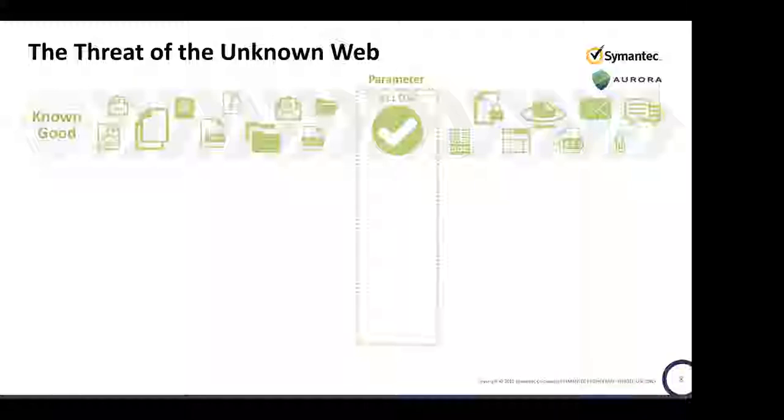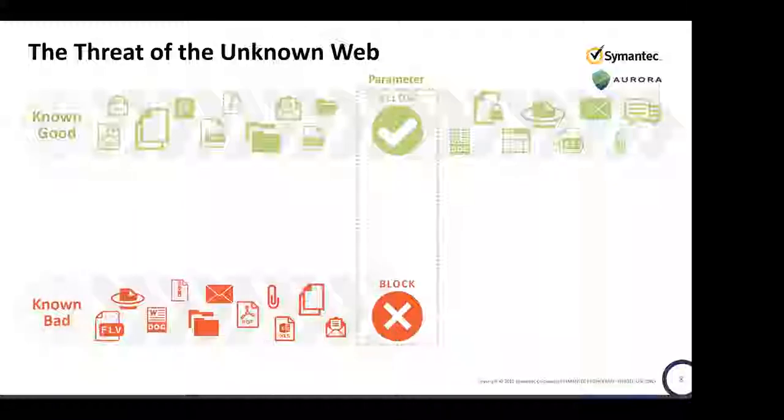And then there's the threats of the unknown web. So traditionally, when we think about users and their web browsing habits and balancing security versus productivity, there's known good websites, right, that we've identified. We know what to do with that. We can allow those through. Obviously, we know that there's bad sites out there that have been identified that we can easily block.